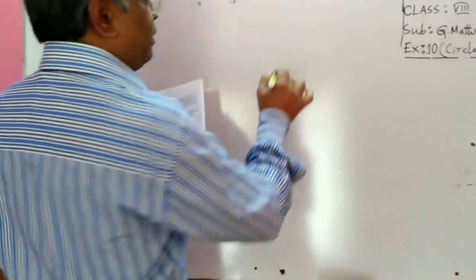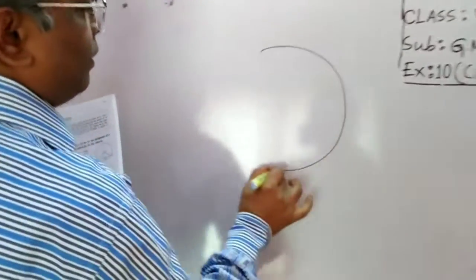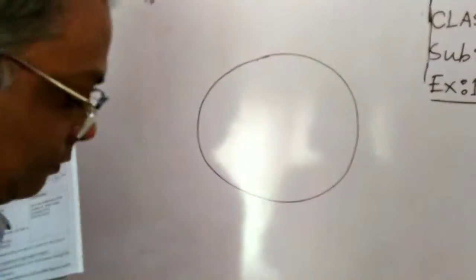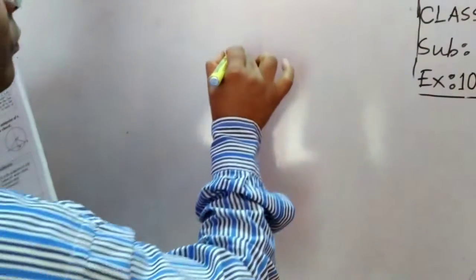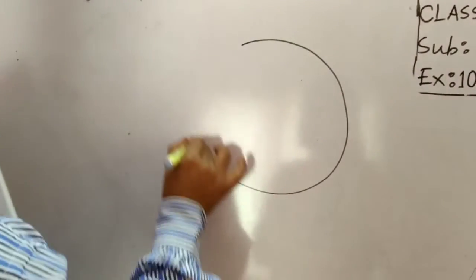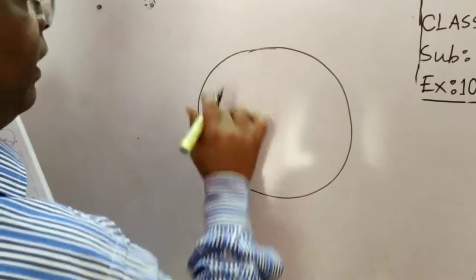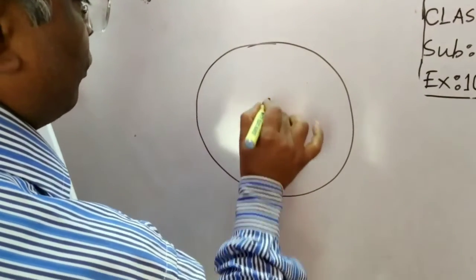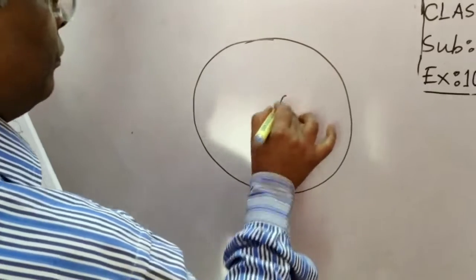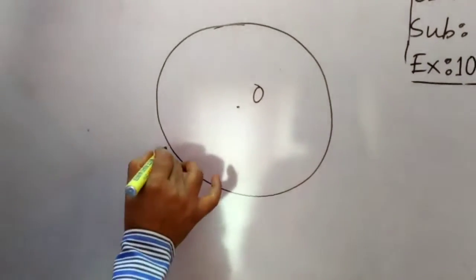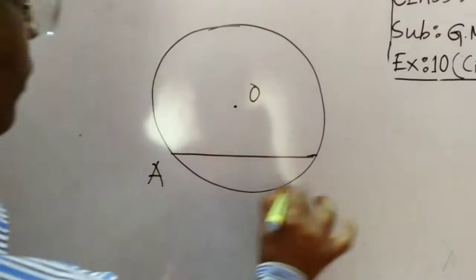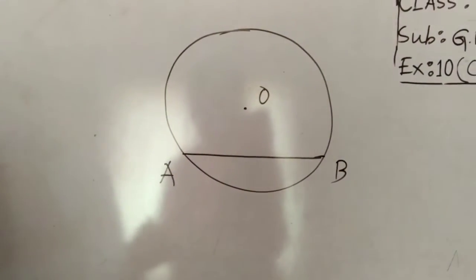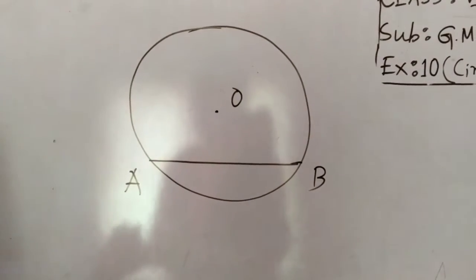That is, this is a circle with center O. AB is one of its chords other than diameter.